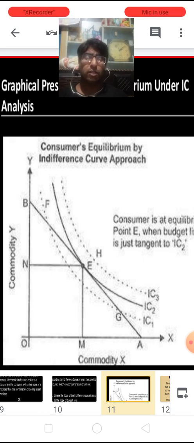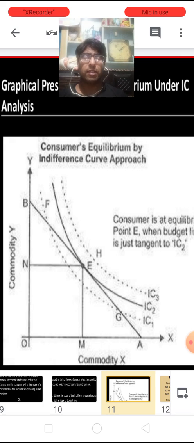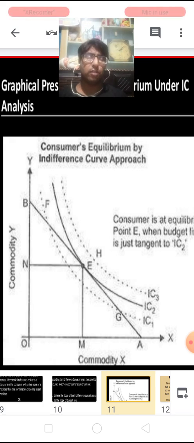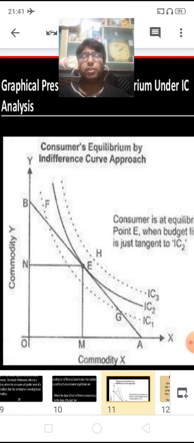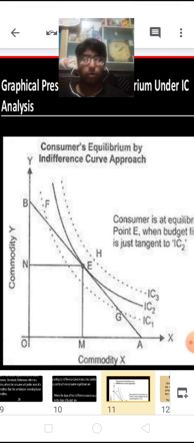So F and G both lie on the indifference curve as well as on the budget line, which shows the paying capacity of the consumer.